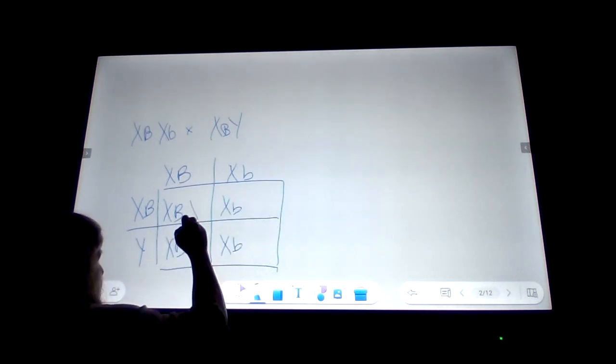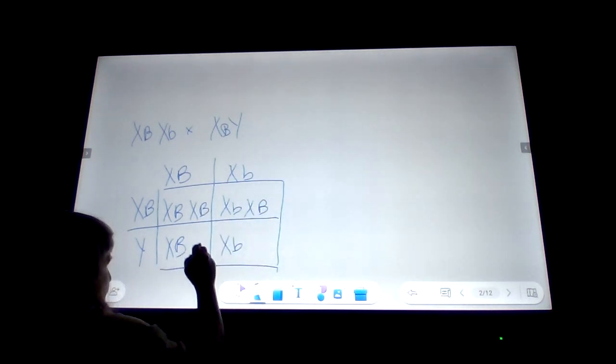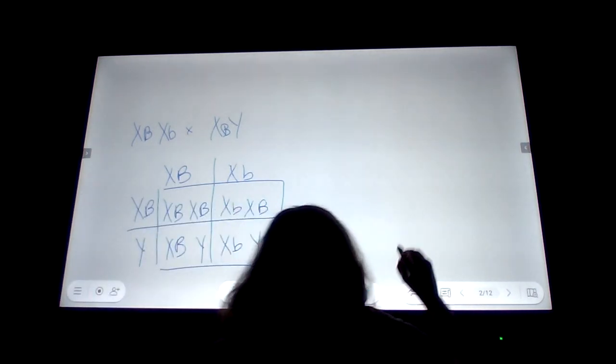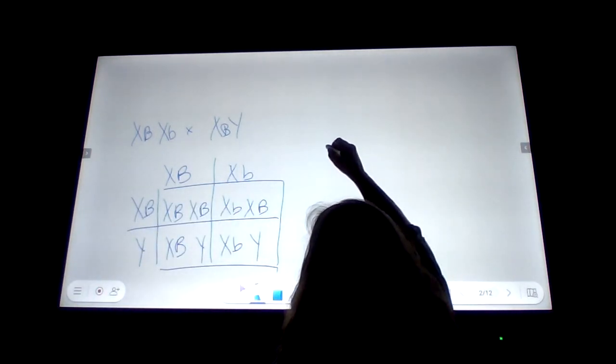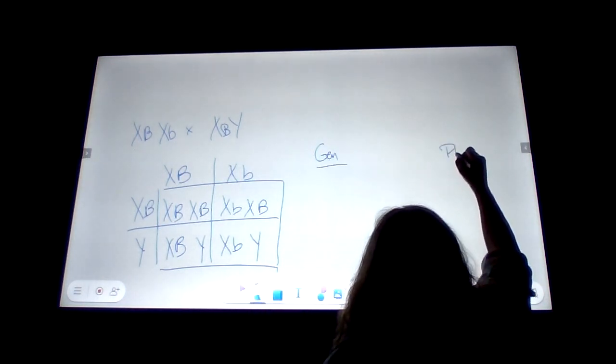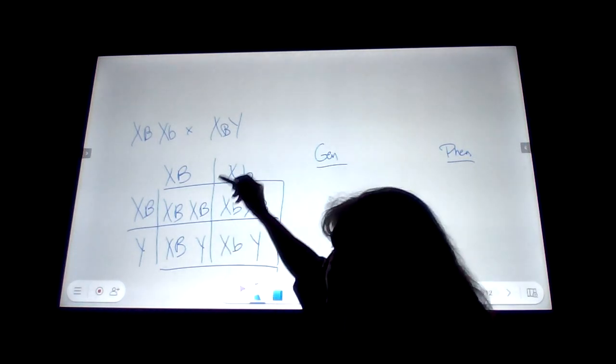Carry everything across. And then figure out the genotypic and phenotypic probabilities of our offspring. Here's my genotype. Here's my phenotype. Look at my boxes, see what my letters are.